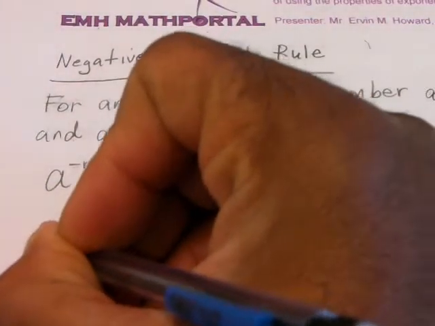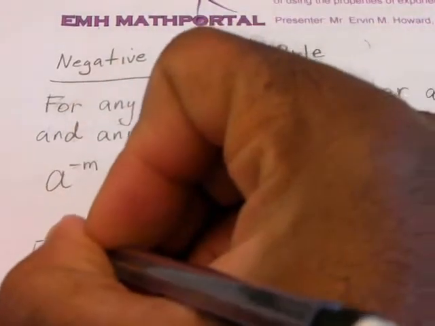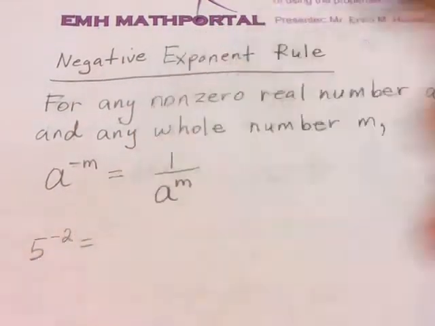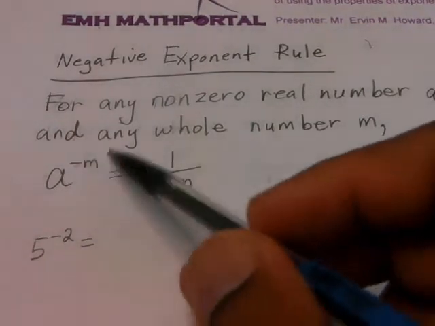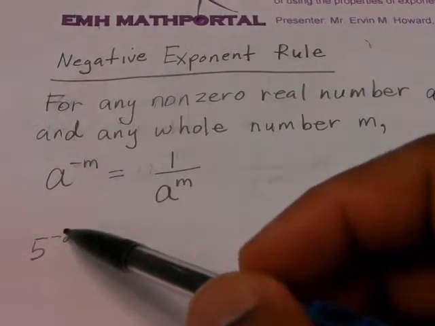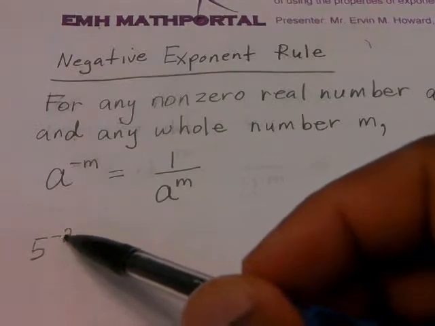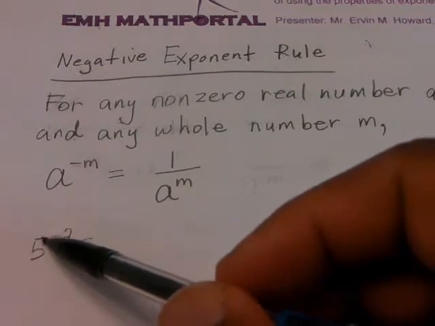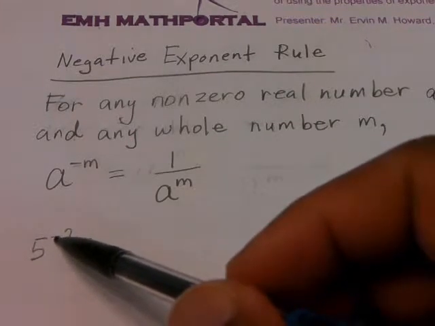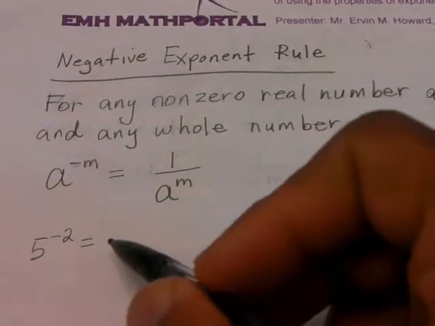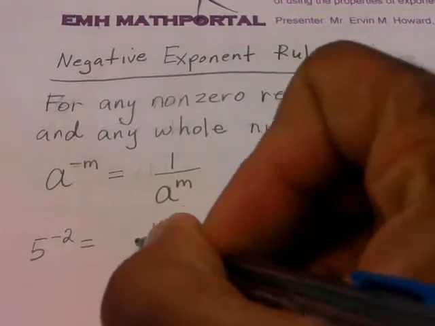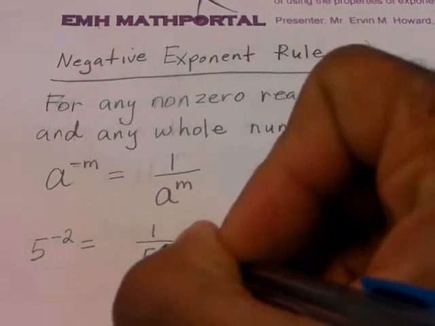For instance, 5 raised to the negative 2 power. When you have this problem, you apply the formula because it fits the criteria. The base is 5 and you have a negative 2 integer. This becomes 1 over 5 squared.